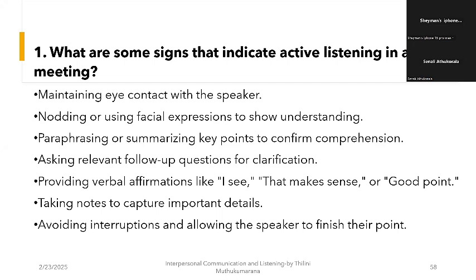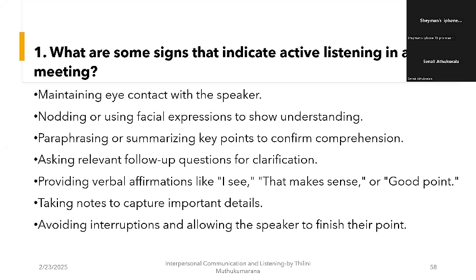Senali mentioned that as well. And then providing verbal affirmations. Sometimes you can use phrases like, I see, yeah, that makes sense, good point. These we call verbal affirmations. When you add these kinds of phrases to the conversation, it also shows that you are actively listening, okay?